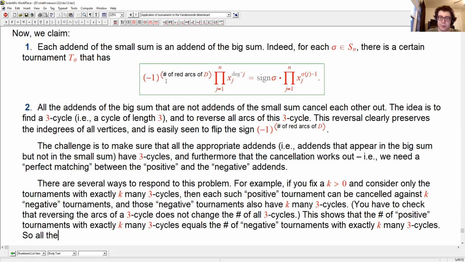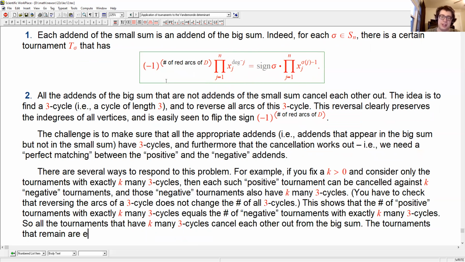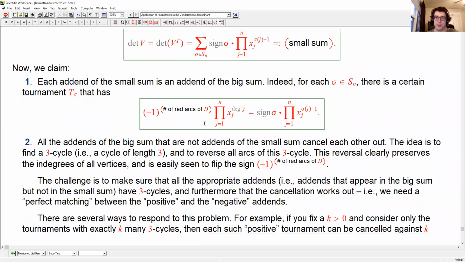And so all the tournaments that have k many 3 cycles end up canceling out from the big sum. And the tournaments that remain are exactly those in the small sum. Once again, this needs to be proved. Everything here needs to be proved.